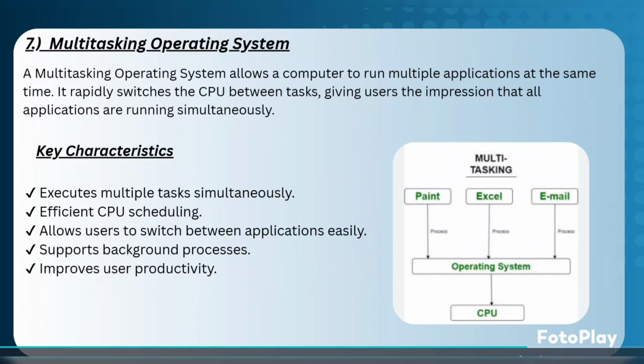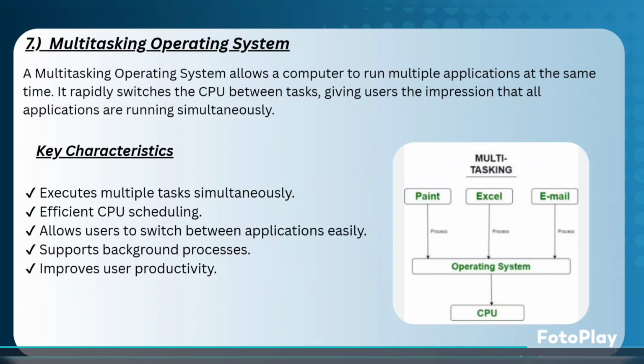For example, right now you might be listening to music, downloading a file, chatting with your friends, and browsing the internet all on the same computer. How is that possible? The answer is this operating system rapidly switches the CPU between different tasks. Because the switching happens extremely fast, it appears that all applications are running simultaneously.